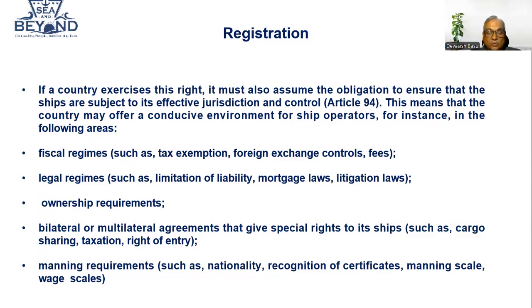Manning requirements are quite important, such as nationality, recognition of certificates, and manning scale. That means a ship needs to be manned, to be crewed. So they also form the law on what nationalities can come in their vessels, what certificates are required, what training is required, and the wage scale.